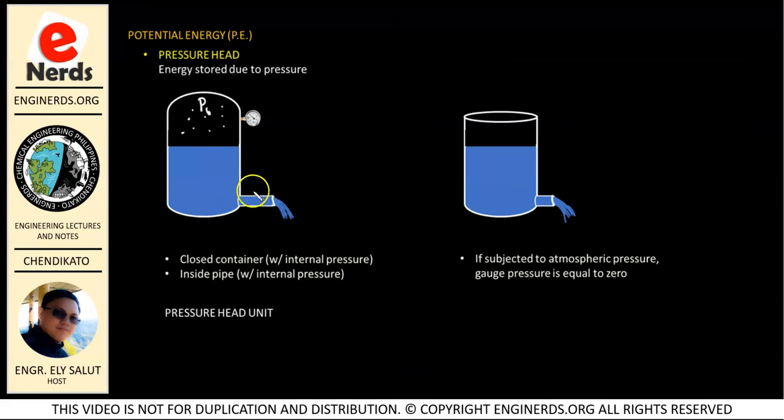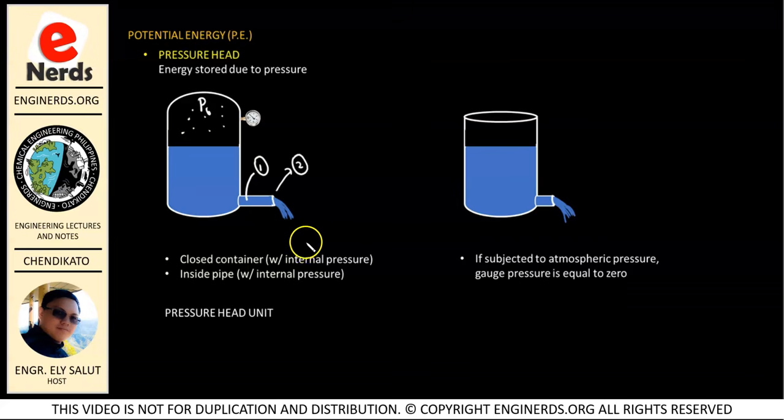And also, kapag nasa loob siya ng pipe, let's say at this point, okay, let's say this is our point 1, on this point, we also have an internal pressure. Inside the pipe, we have an internal pressure. But what happened kapag na-release siya sa atmosphere? Like for example, this is our point 2.